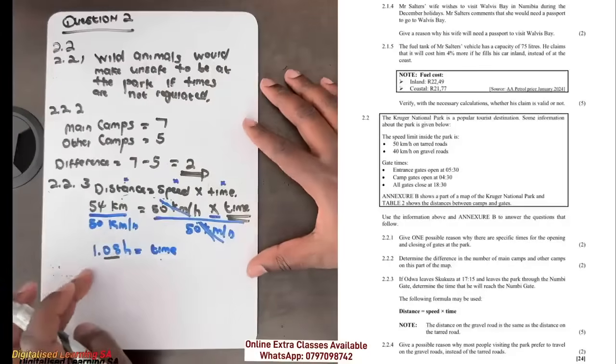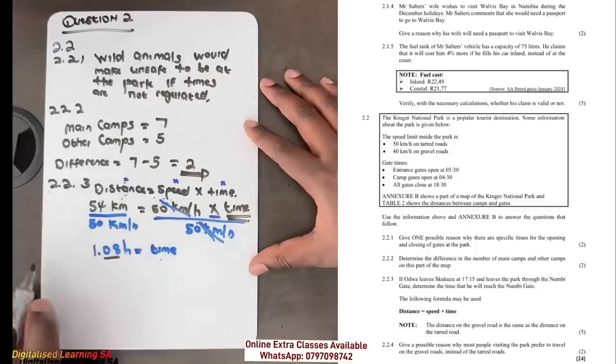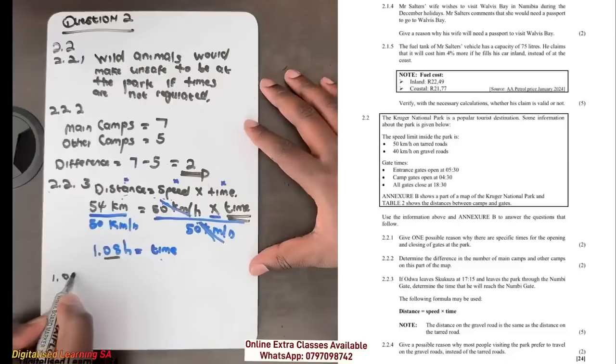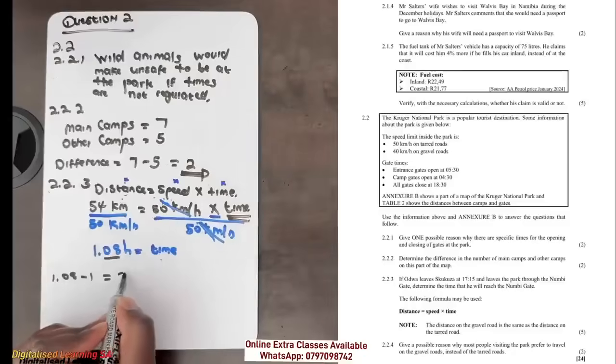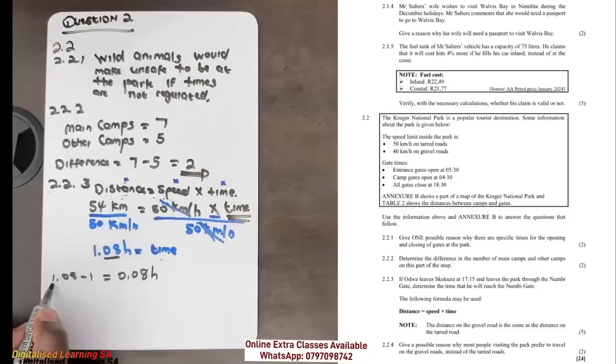Okay, so how do we do that? If we say 1.08 minus 1, we will be left with 0.08 hours. So we have taken out the 1 hour.